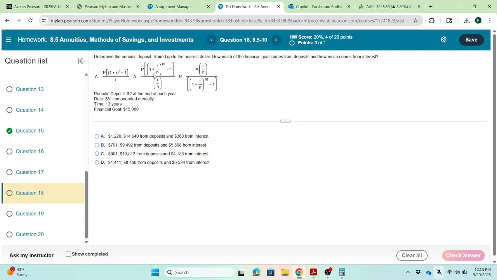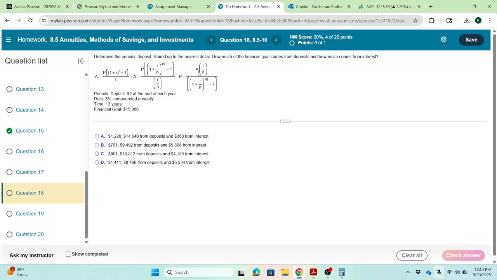Let's go to periodic deposit. In this case, this is formula number 3, because you want to find out how much money you have to deposit at the end of each year for the next 12 years, so that ultimately after 12 years in your account you have 15,000.